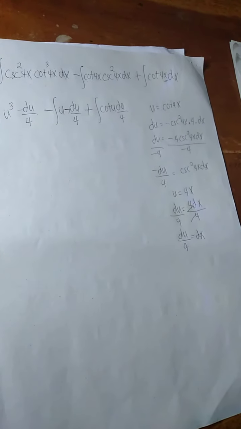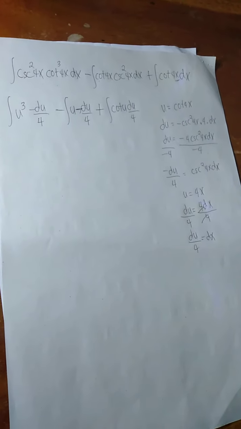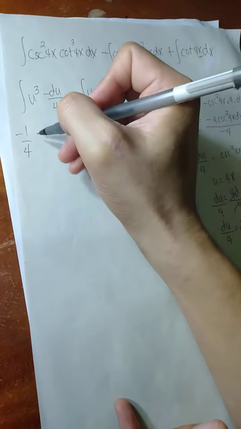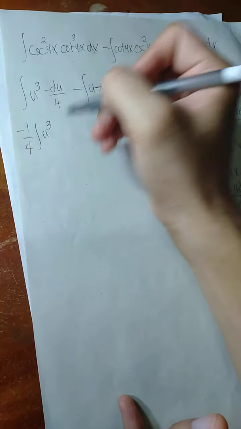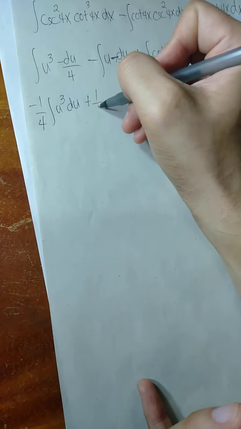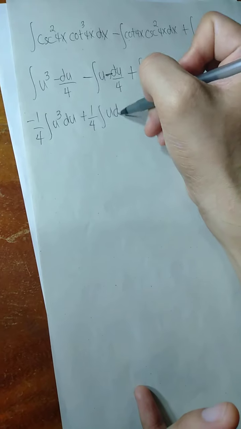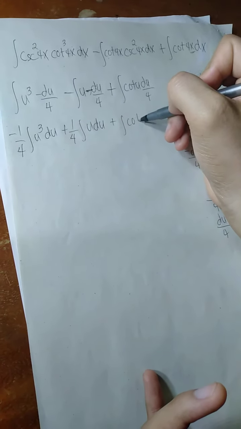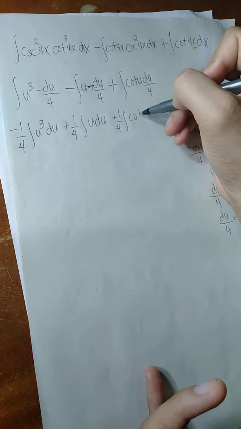Clear? So what's next? We can factor out yung constant na 1/4. So negative 1/4 integral of u cube du. Negative times negative, positive 1/4 integral of u du plus 1/4 integral of cotangent u du.